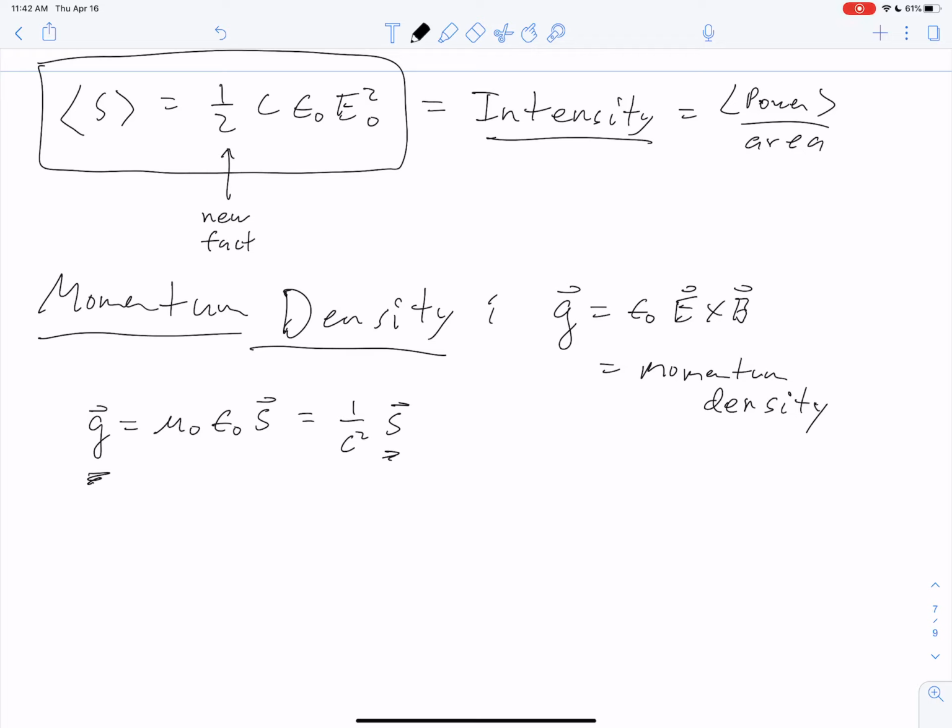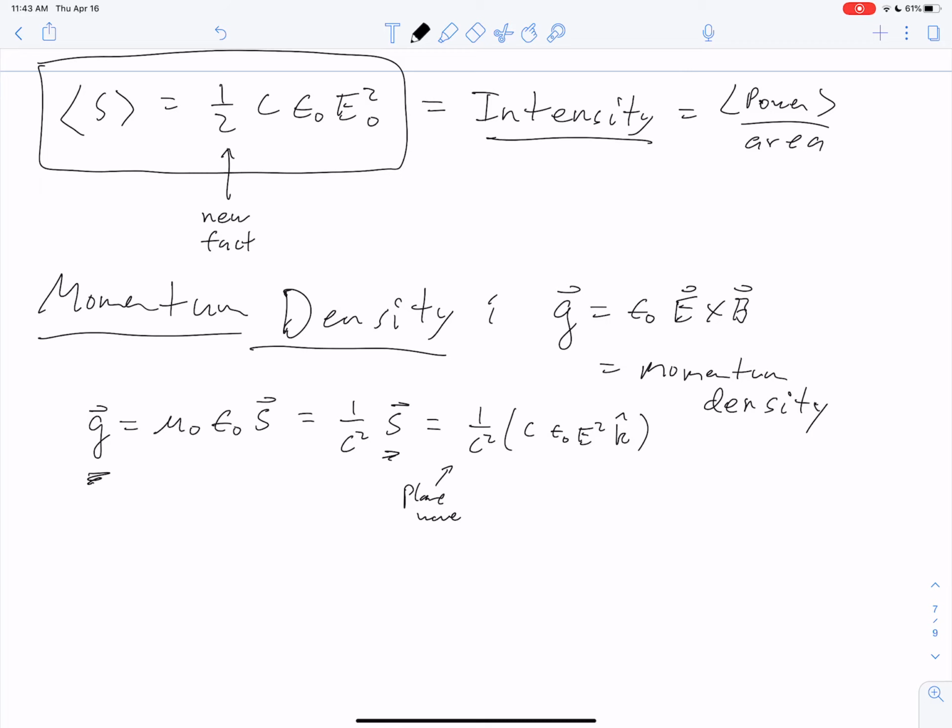But now we can plug in our new expressions that we've derived, because for a plane wave, we know that S can be written as the velocity times the energy density, epsilon naught E squared, and the direction, of course, is k, the direction of the plane wave.